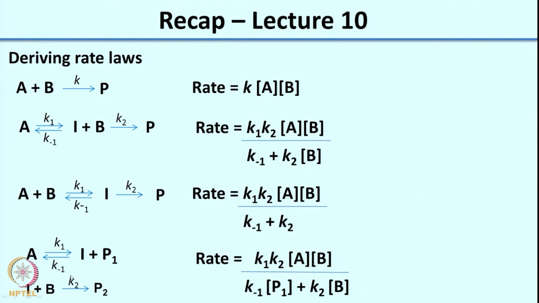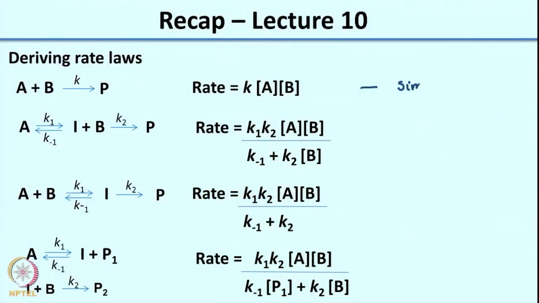And the last scenario we had done is where we had looked at A giving intermediate I and a side product P1, and then the intermediate I reacting with B to give you the final product, which is P2, and we had derived the rate law for this as well.